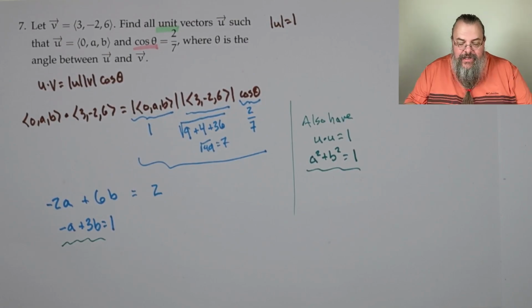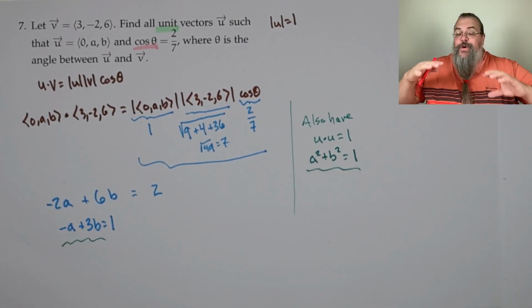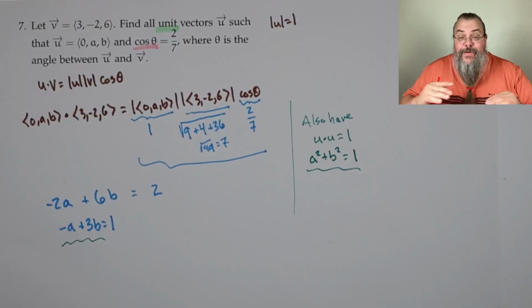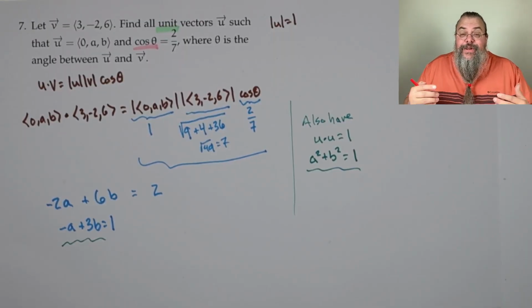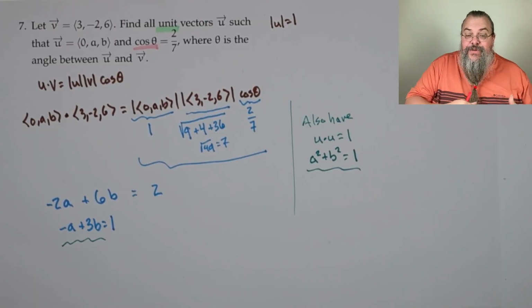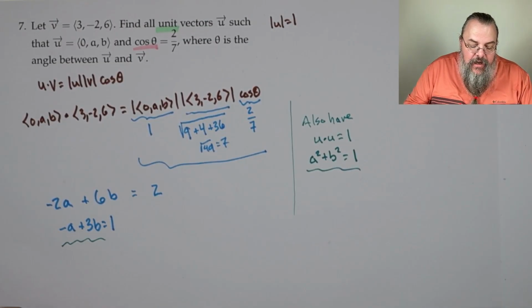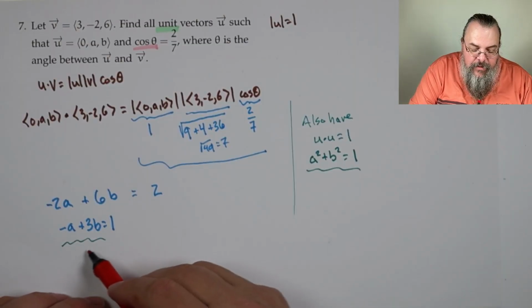Because you see here I have squares and here I don't, we're not going to be able to do some fancy cancellation, which is one of our favorite things to do. So instead, we'll do some substitution. And since we have just an a here, that probably is the easiest way to substitute.